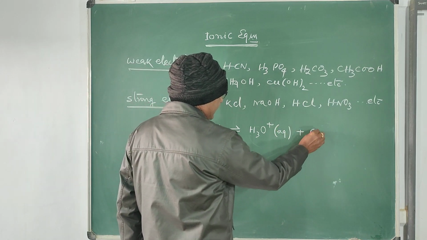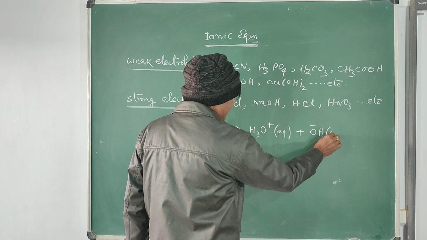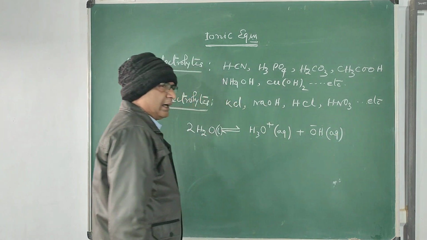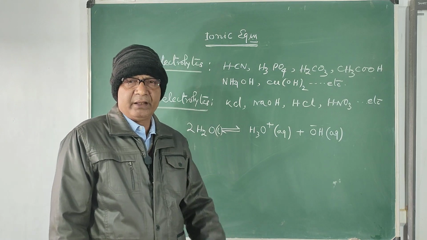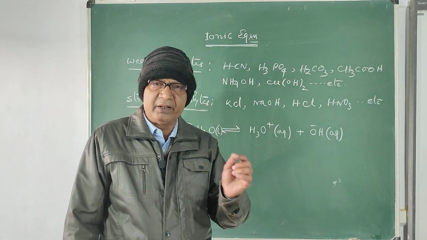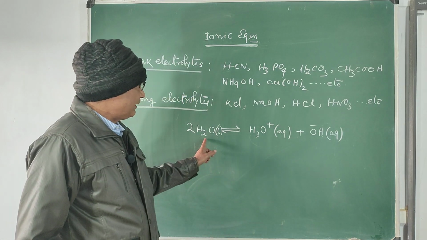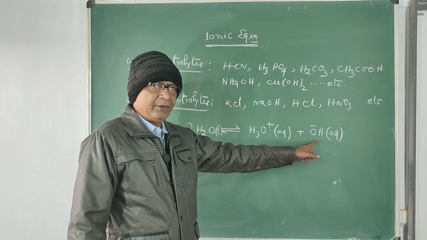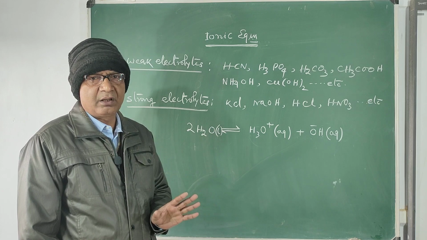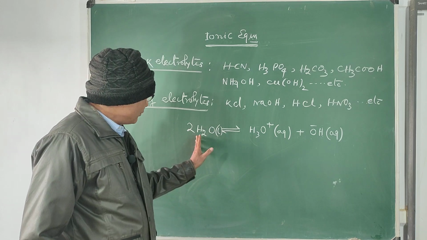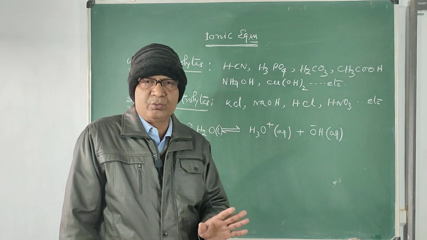This is the ionization of water. Water is a very weak electrolyte, therefore it dissociates very, very feebly, giving hydronium ion and hydroxyl ion. These ions are in small quantities and water molecules are in large quantities.